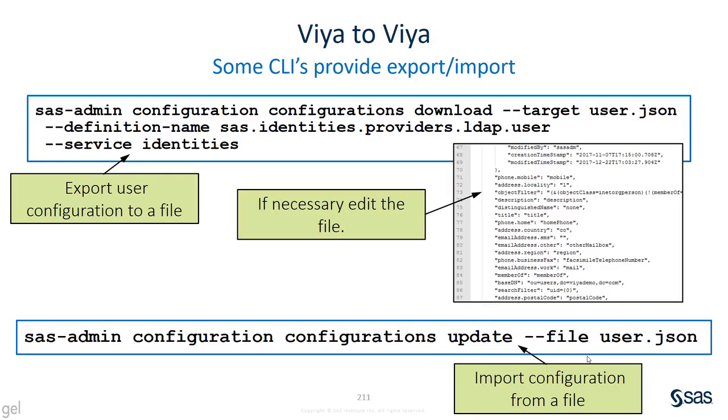One other thing before we get into the hands-on: I did mention that you could export and import CAS authorization. Some of the other CLIs also support this type of functionality. So the thing we did on the first day, when we set up our identity configuration to see what's coming back from LDAP, you can use the configuration CLI to export that type of information and then take it and import that to a different environment.